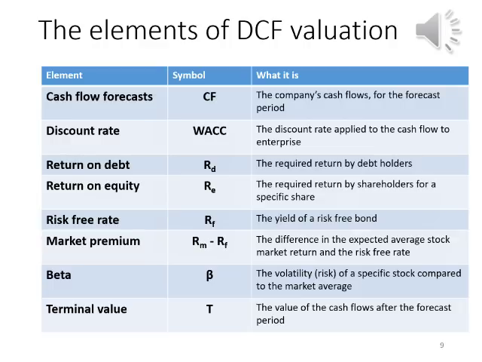In other words, it's the extra return that has to be offered in order to induce investors to invest in the stock market rather than in a risk-free instrument. Beta, symbol beta, refers to the volatility or the risk of a specific share compared to the market average of the shares, and it tends to be expressed according to sectors. Terminal value, T, refers to the value of the cash flows beyond the forecast period.